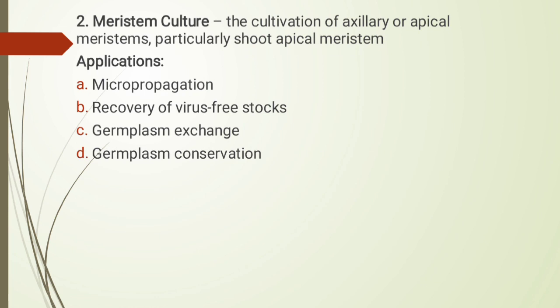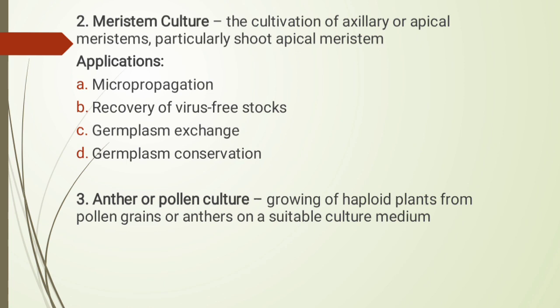The next one is meristem culture. Meristem culture is the cultivation of axillary or apical meristems, particularly shoot apical meristem. And the applications of meristem culture are micropropagation, recovery of virus-free stocks, germplasm exchange, and germplasm conservation.